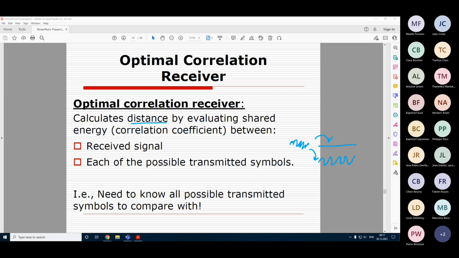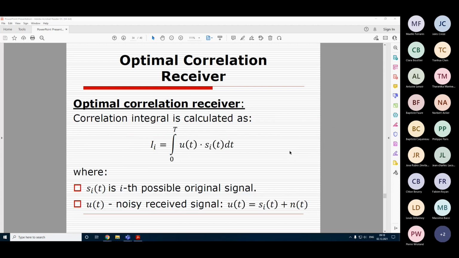Of course, for this correlation receiver, we need to know what the possible signals can be. So we need to know the frequencies of the binary frequency shift keying signals, the amplitudes of these signals, and so forth. So these signals must be known. Luckily, it is we who choose these signals, so of course we know them, and we can make our receiver accordingly by using this knowledge.